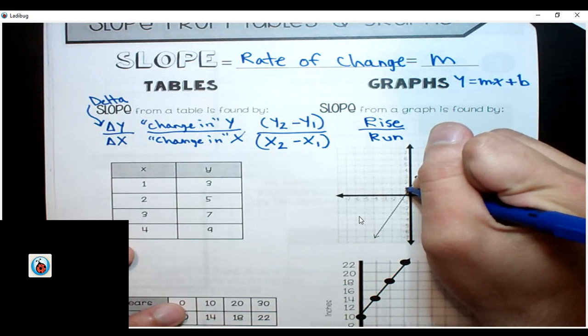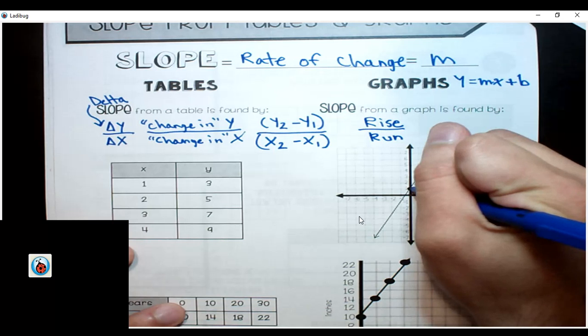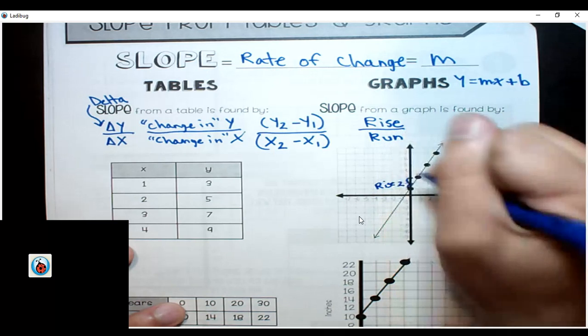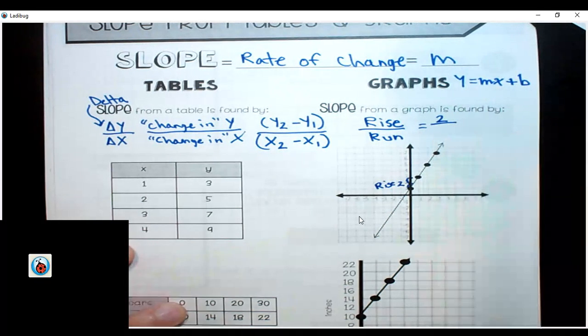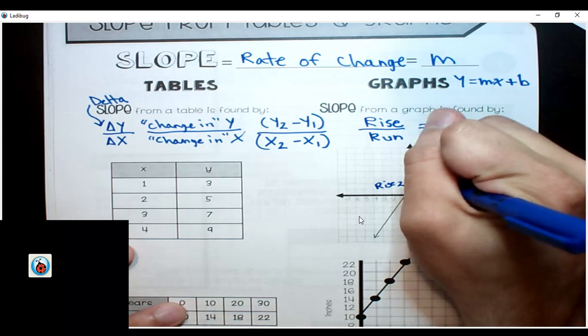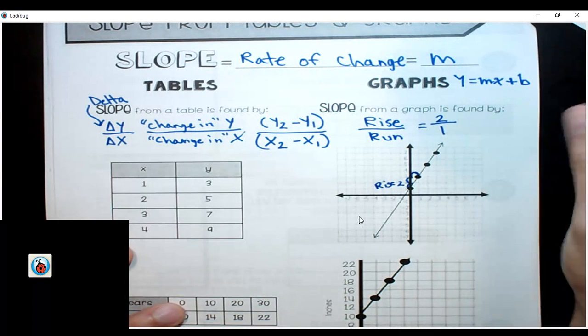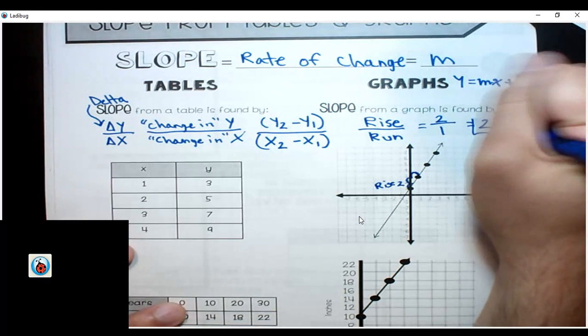So it's going 1, 2, 3, in multiples of 1. You count up 1, 2. So that's 2 units, so that's your rise. You rose 2, so I'm going to fill that in for 2. And then your run is heading over to the right, moving over from that point to this point 1 time. So your slope, rise over run, is equal to 2. That's your slope for that graph.